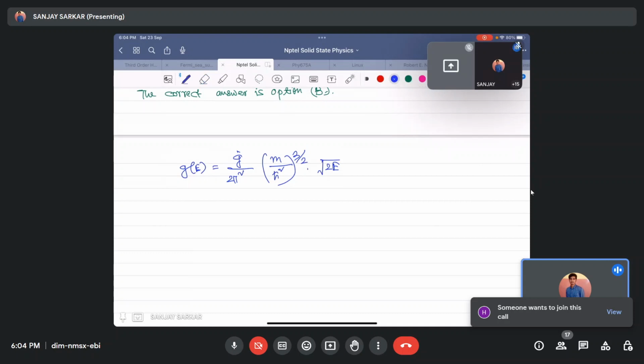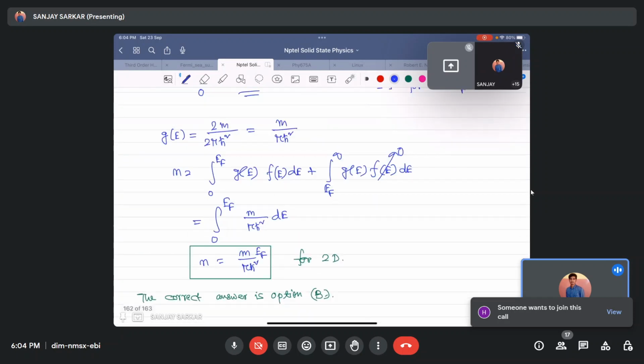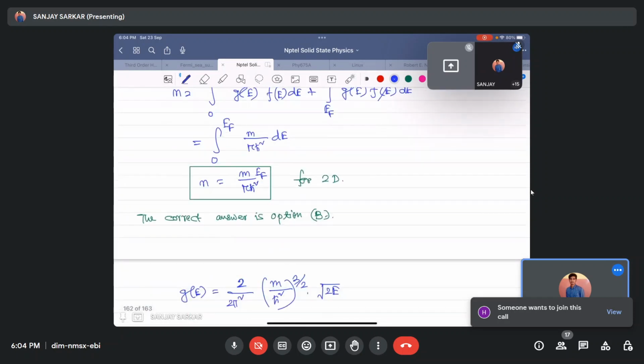And g will be 2 because we are considering electrons. And you need to replace this in the expression of n.